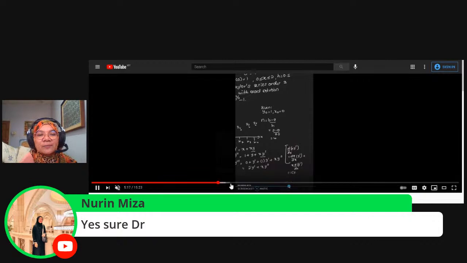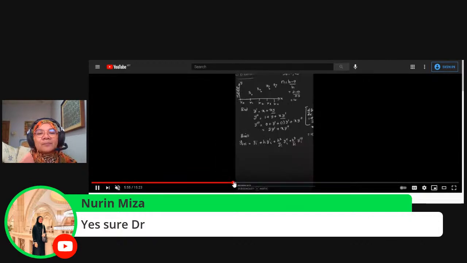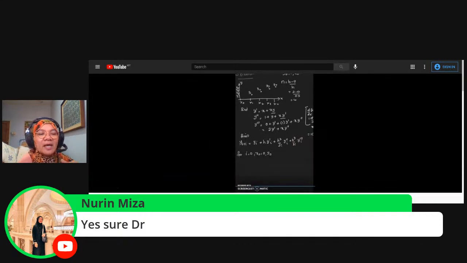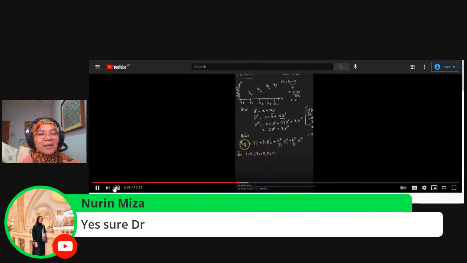When we apply it here, we need to find yi prime prime and yi prime prime prime. Based on the question, you are given y prime equal to x plus xy. Be careful because you are doing the derivative part by part.